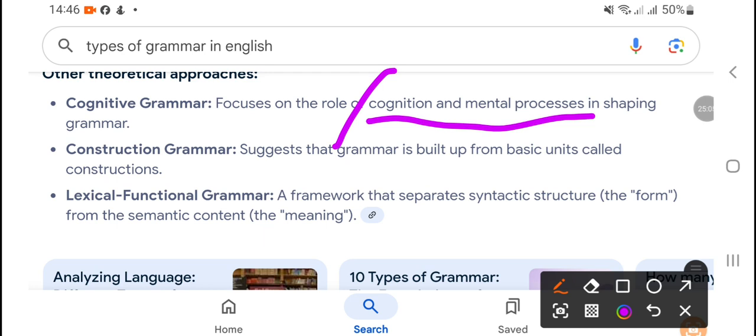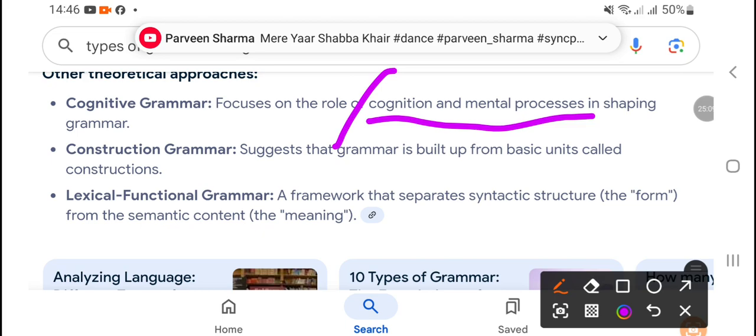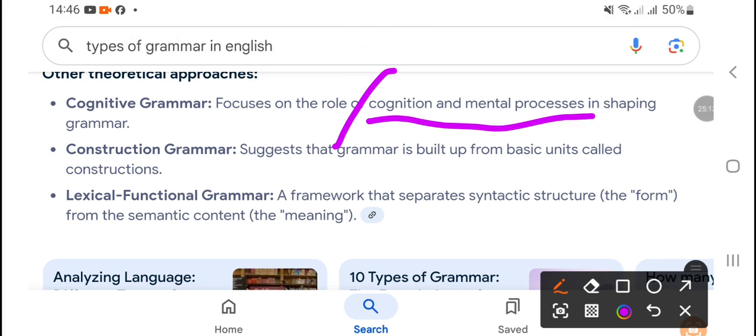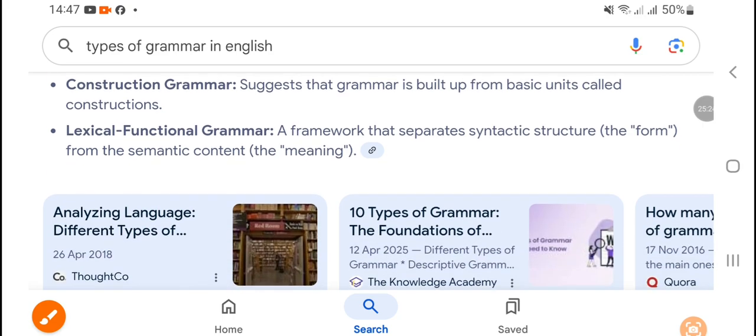So gradually he understands and absorbs a rule, so that is cognitive grammar, means rules which are absorbed by your mind. Okay, now next is construction grammar.